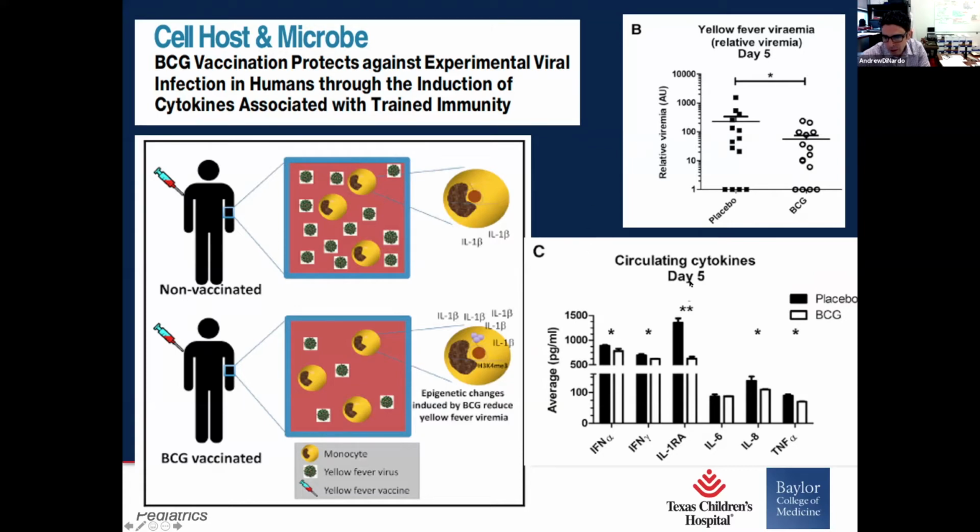And this comes up a lot, that people ask, well, are you afraid that if you give people BCG and then they get SARS, they're going to have cytokine storm? But there's not evidence for that. In fact, what was shown in this study is that all of the cytokines were actually lower except for IL-1 beta.